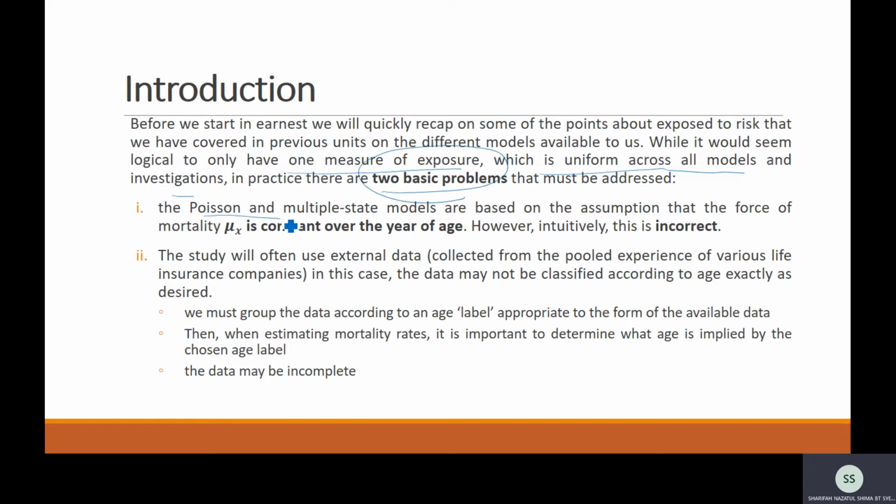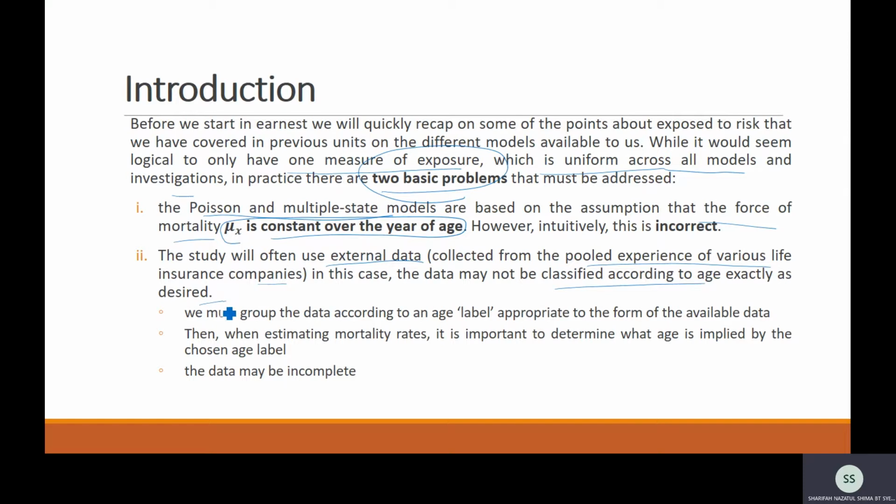First, the Poisson and multiple state models are based on the assumption that the force of mortality is constant over the year of age. However, we know this is incorrect. So the study will often use external data, collected from the pooled experience of various life insurance companies. In this case, the data may not be classified according to age exactly as desired.